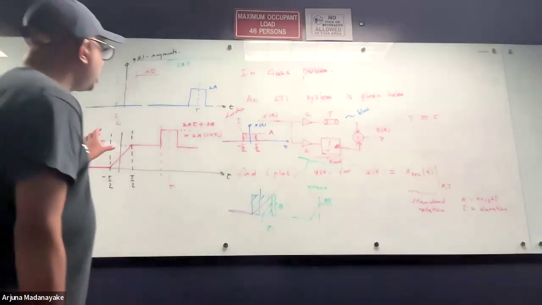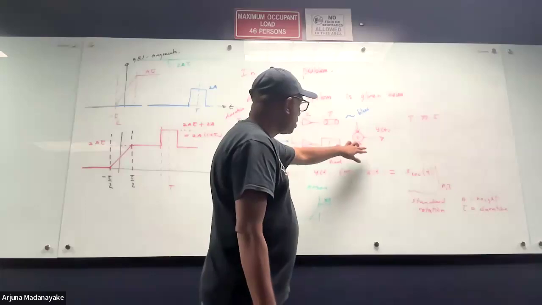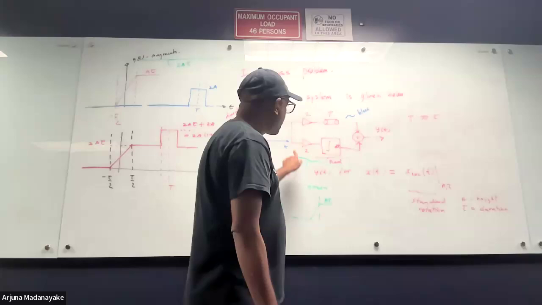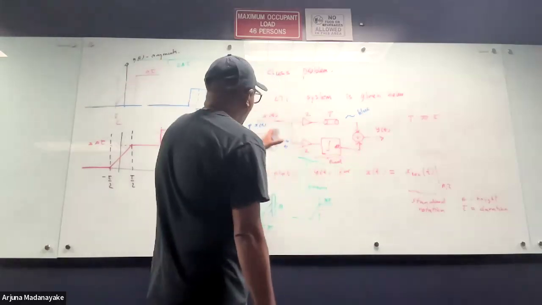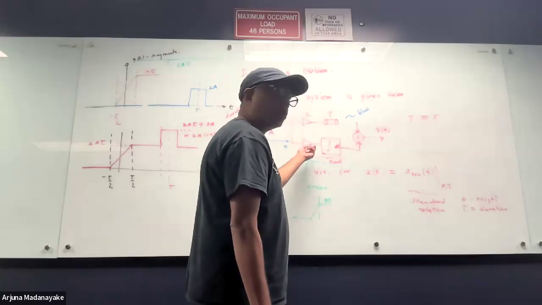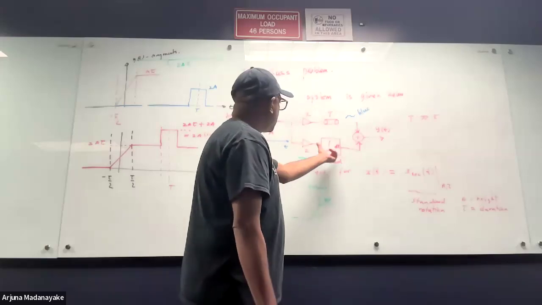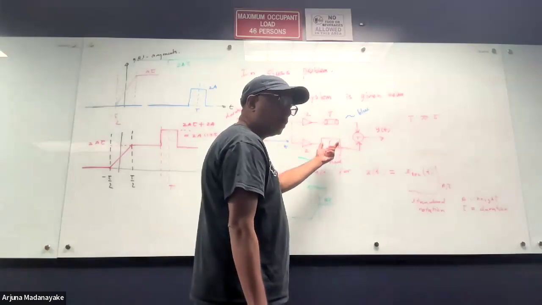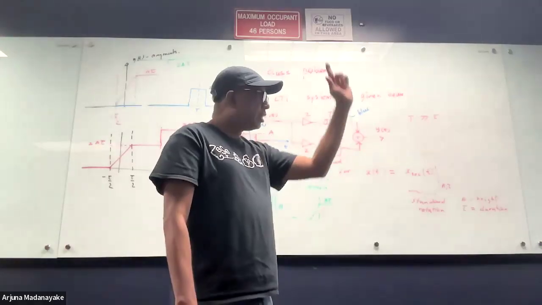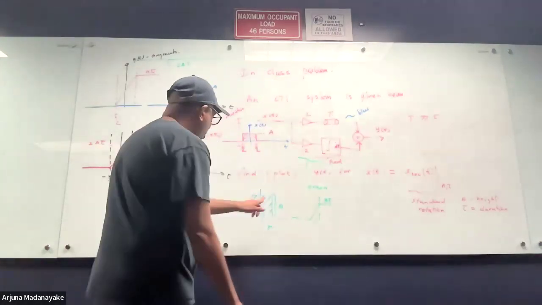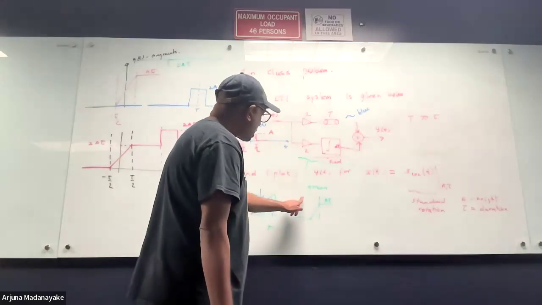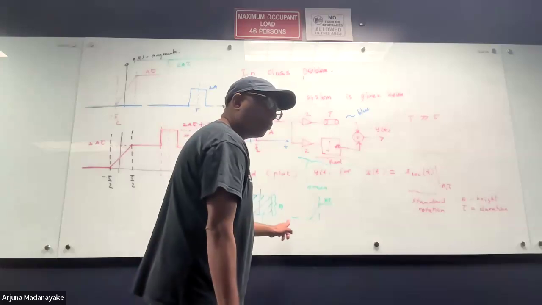So I found the individual contributions from the top one and the bottom one. The bottom one I found in 2 parts. I could have directly found the green curve, but I first found this part and then scaled it by another 2, just to make it easy to understand. So this part is purely integrating. It starts at 0, rises linearly as you go through the square region, and by the time it hits this edge, it has reached its maximum value and remains there because there's nothing else under the function from that point onwards.